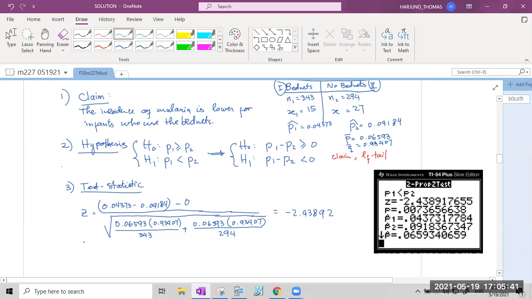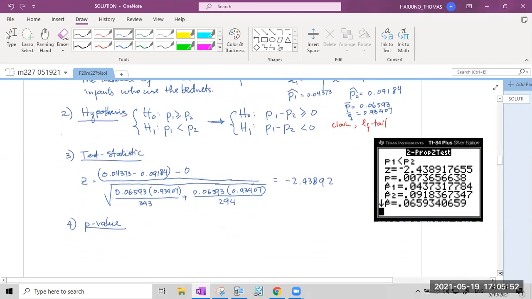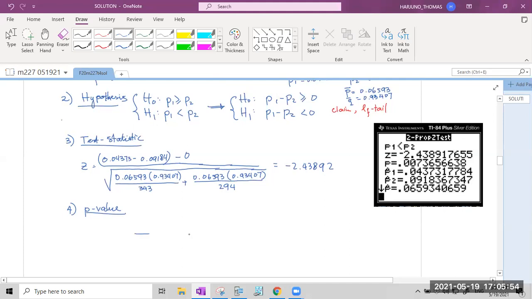Okay, now step 4. How about the p-value? The p-value, let's see, the standard normal distribution. That's negative 2.43892.